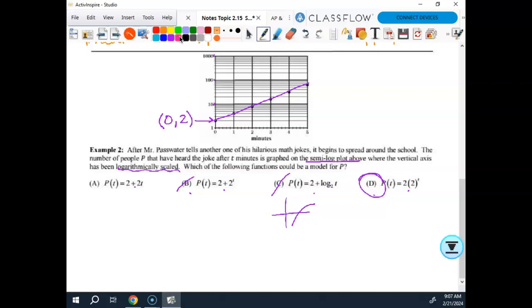So this next point right here, what is that ordered pair? 1, 4. So we start here, 2, 3, 4, okay? And then I'm going to ask you for one more because the other ones, like this next one, are kind of hard to count.